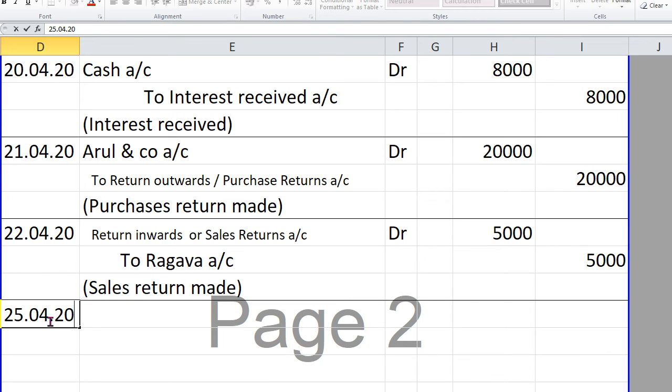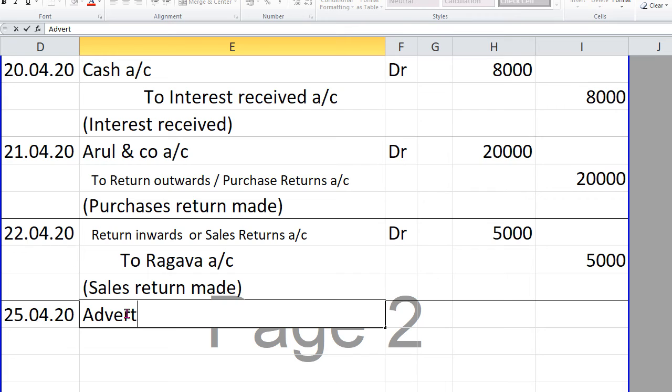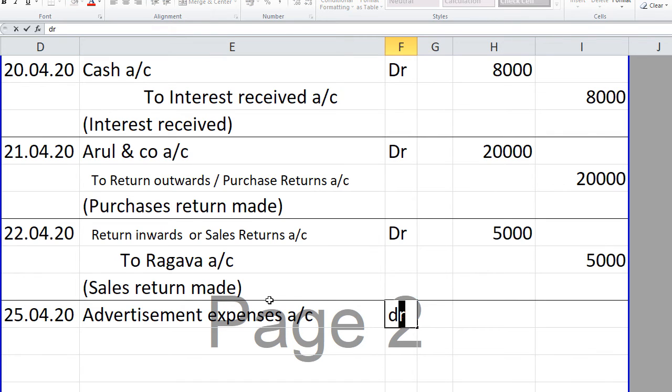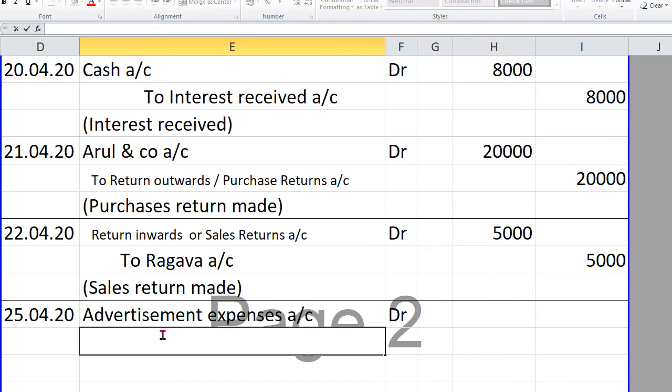25 4 20, advertisement expenses account, debtor, to cash account.